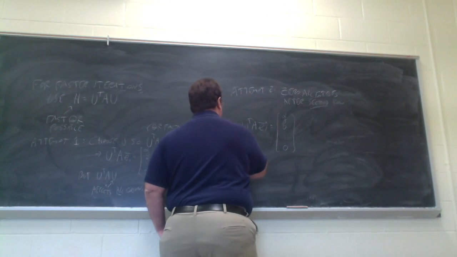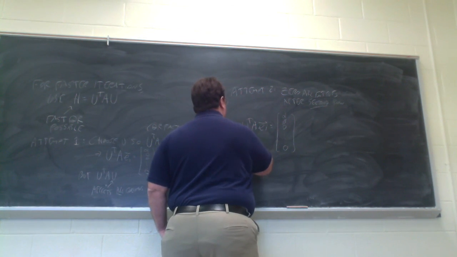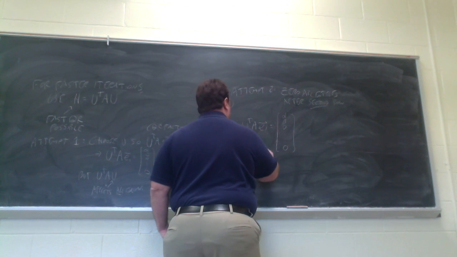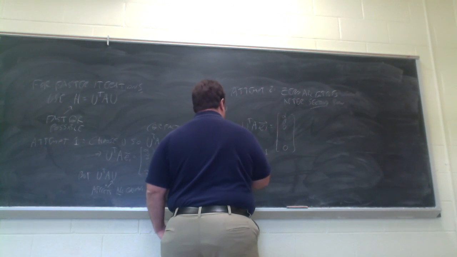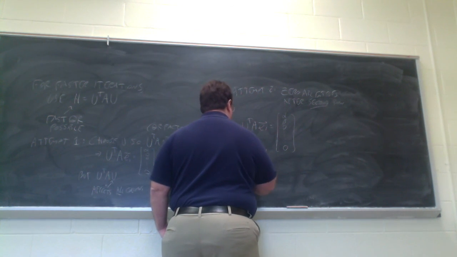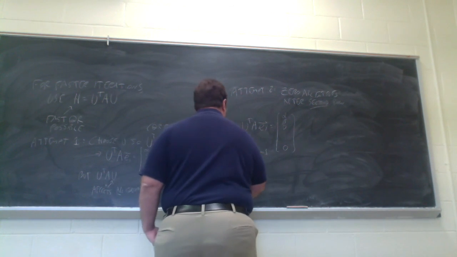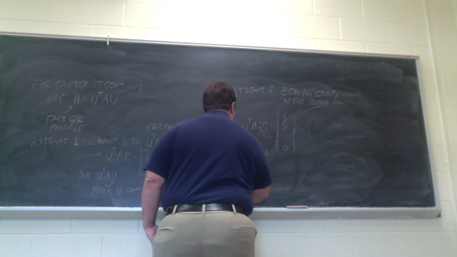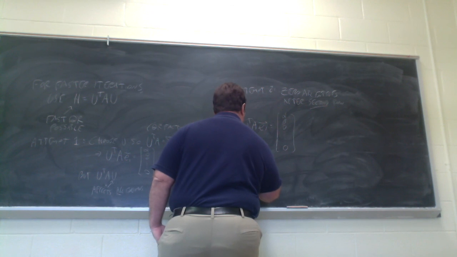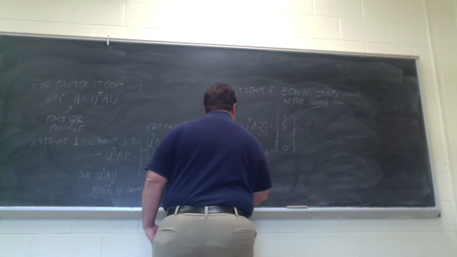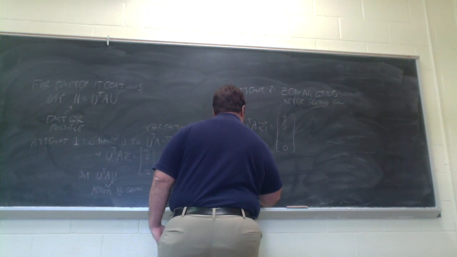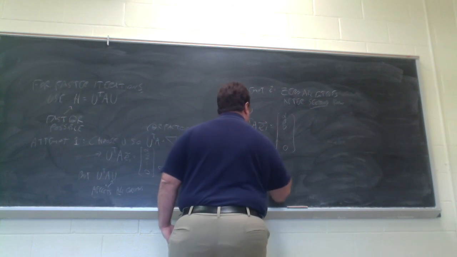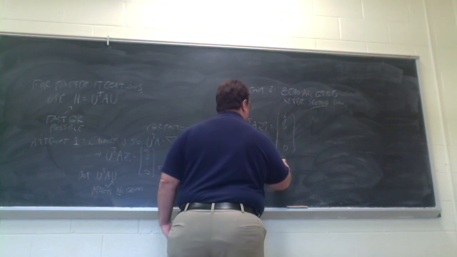So it doesn't affect the first row. So now when we look at U transpose A U, and we multiply by U on the right, that does not affect the first column. So this is unchanged.